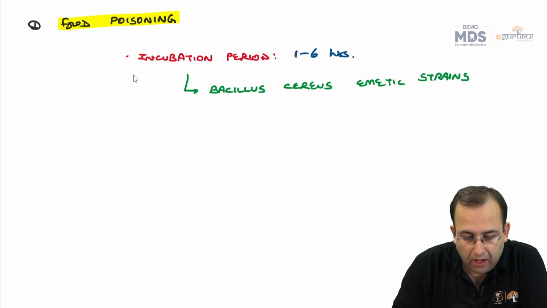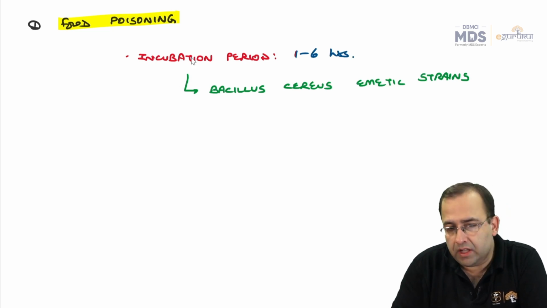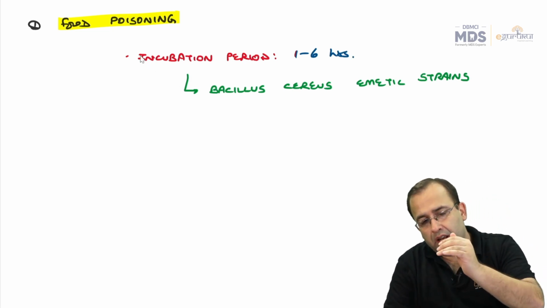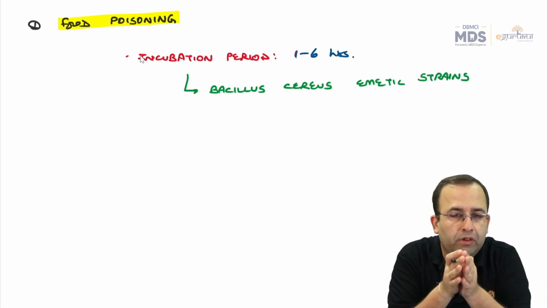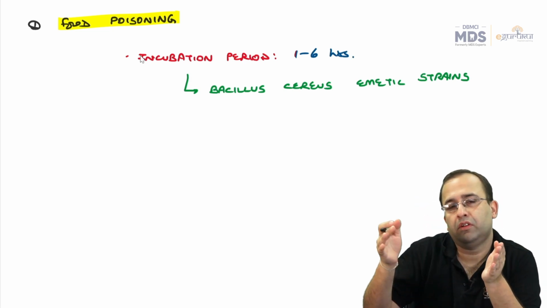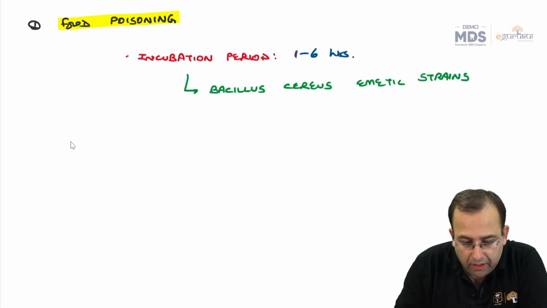Next, what is the difference between the two? Clinically, how will you differentiate? See, the best is culture. But clinically, how will you differentiate whether it is Staph aureus or Bacillus cereus emetic strains?